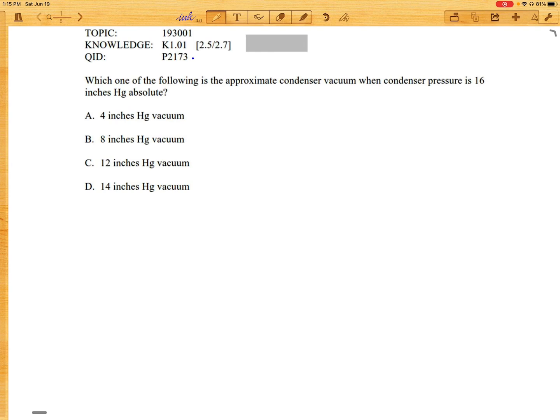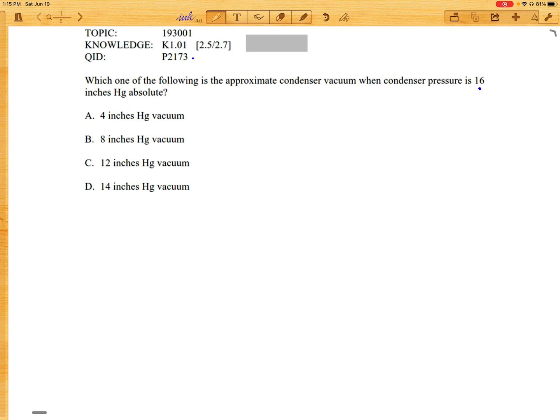So let's go over how to attack this problem. The first thing I do, a lot of people tell you read the question first. I don't do that. I look for numbers, right? There's 16, there's 4, 8, 12, and 14. And I'll look at the units and whether or not they're absolute or vacuum.